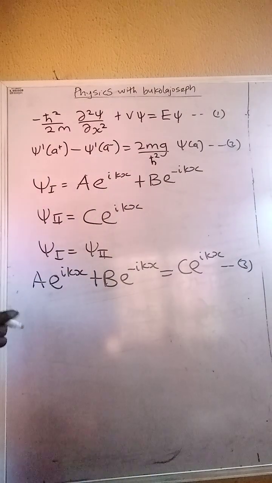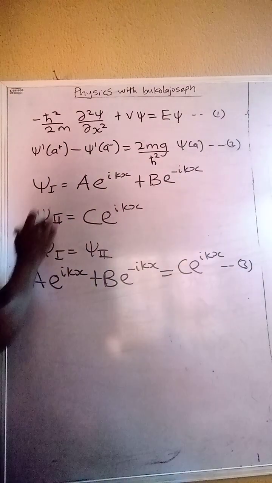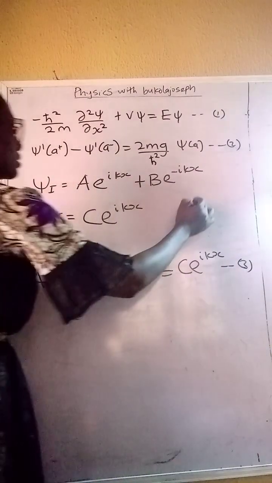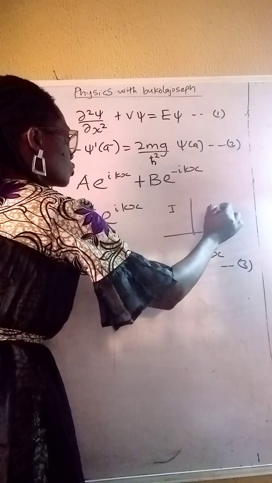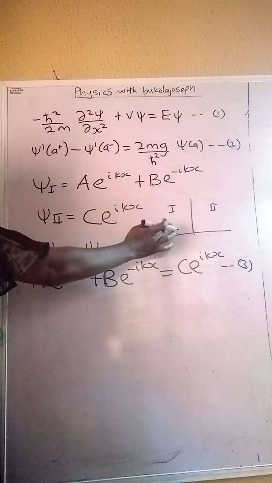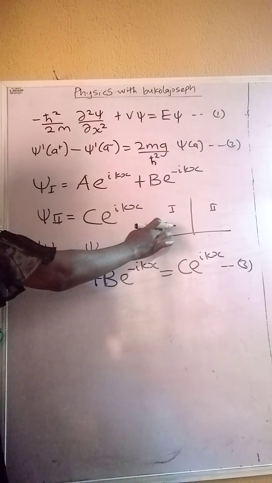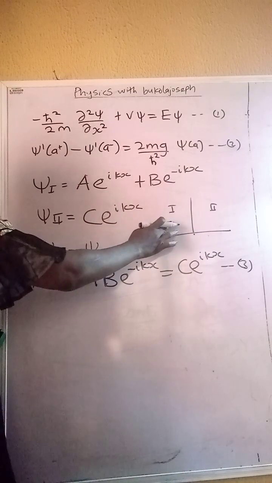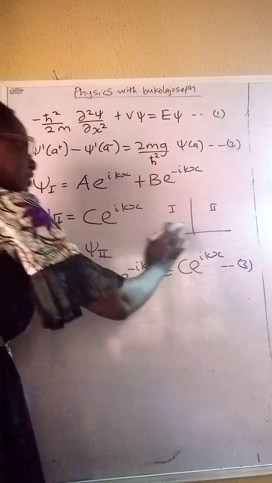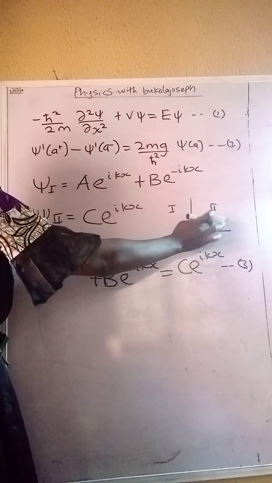Now I want you to know this. For region 1, this is what we have. The incident wave function happens here, the reflected wave function happens here, and only the transmitted gets to this boundary.